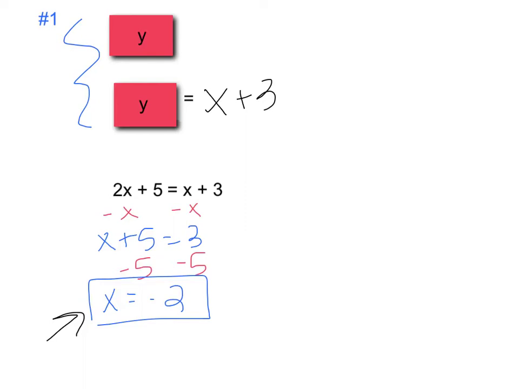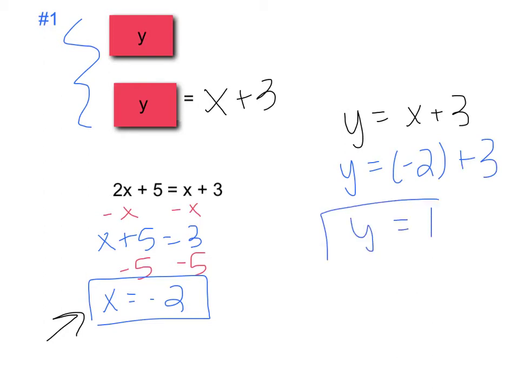If I have y equals x plus 3, and I plug in my value of x that I found, y equals negative 2 plus 3, I get y equals 1. And earlier we talked about how you can write the solution to a system of equations as an ordered pair. So this would give me my x-coordinate would be negative 2 and my y-coordinate would be 1.